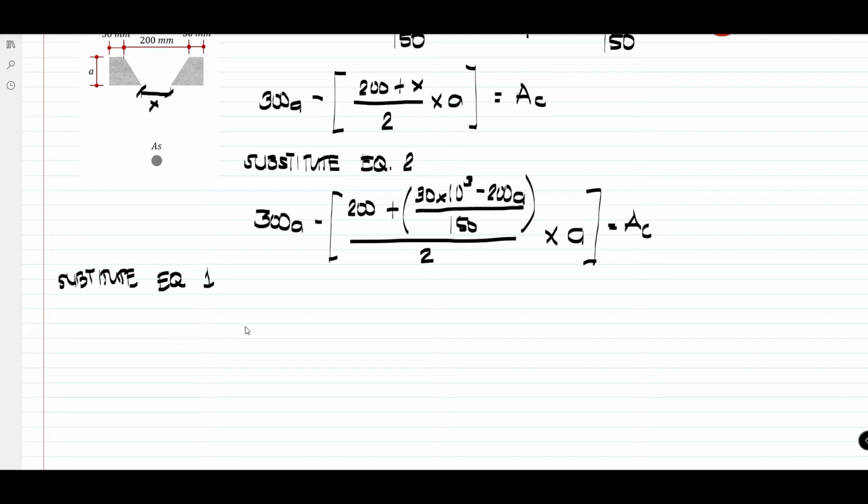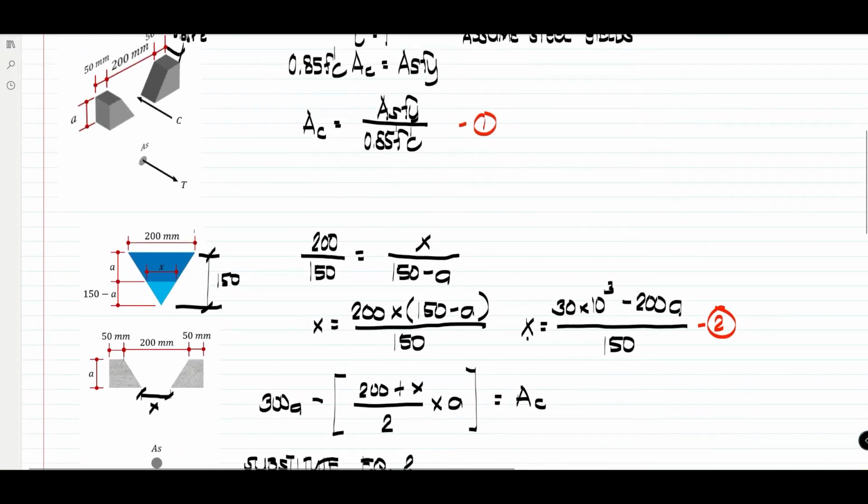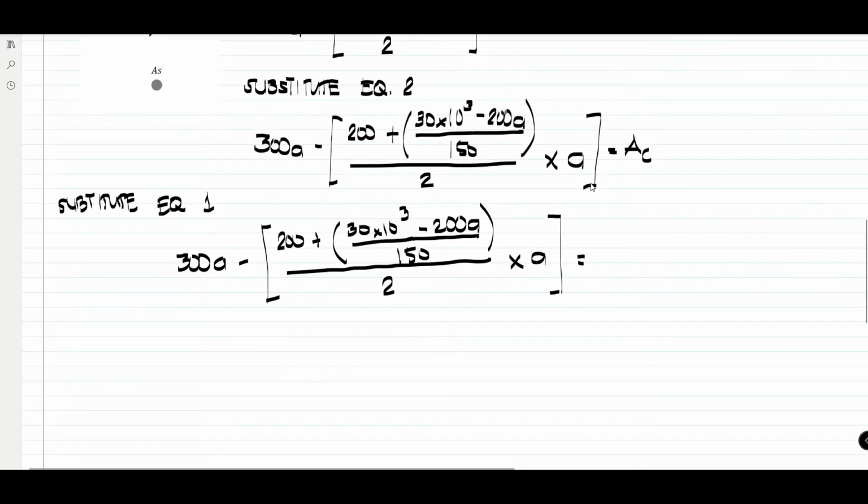So, we can have the value 300A minus, so 200 plus 30 times 10 cube minus 200A over 150, divided by 2 times A. That is equal yung AC na equation 1 kanina, which is AS Fy divided by 0.85 of F prime C.